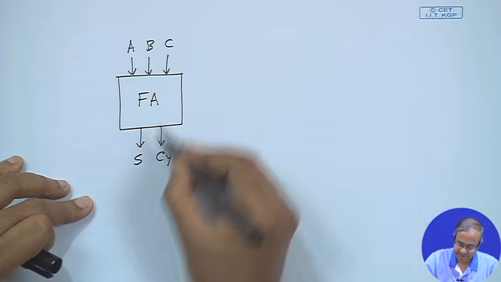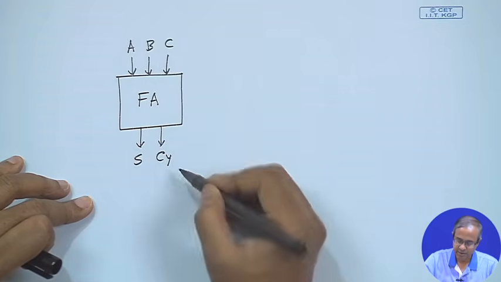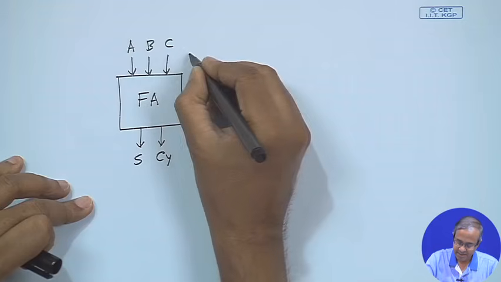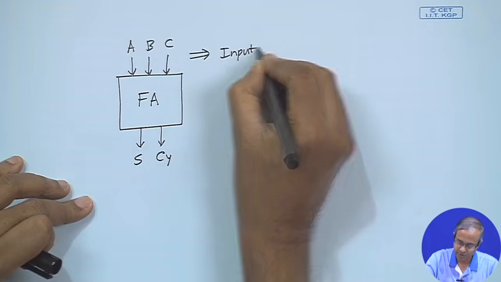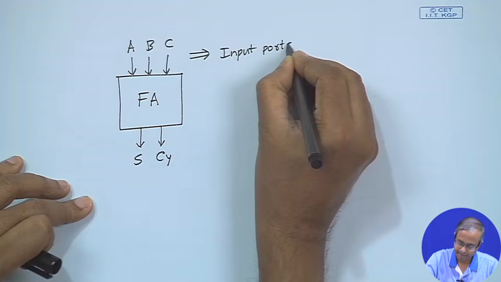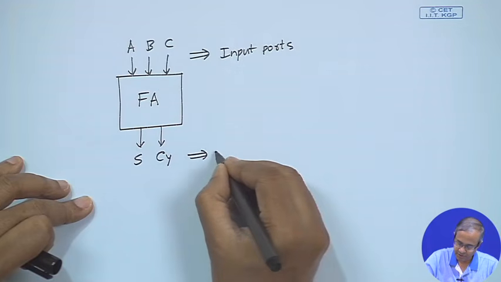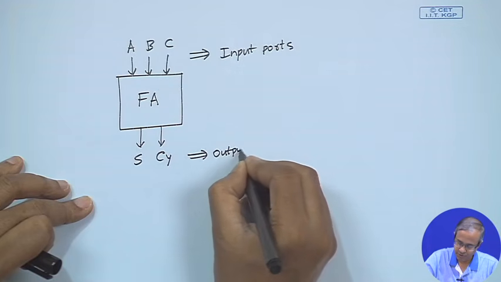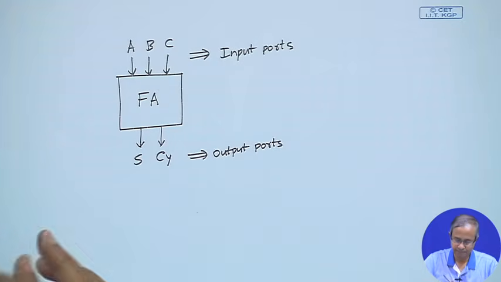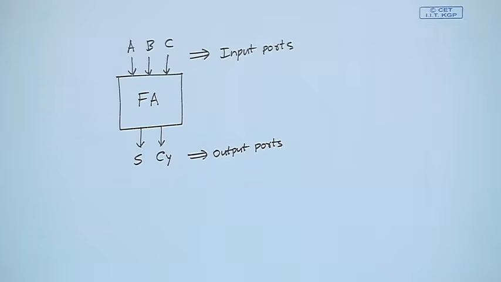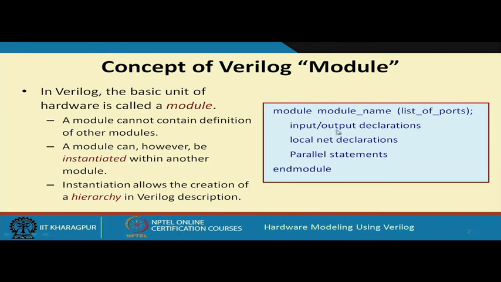So, this A, B, C, S and C, Y, these are called ports. These 3 are the so-called input ports, and these 2 are the so-called output ports, right. So, in the declaration, first you have to declare all the input output ports.